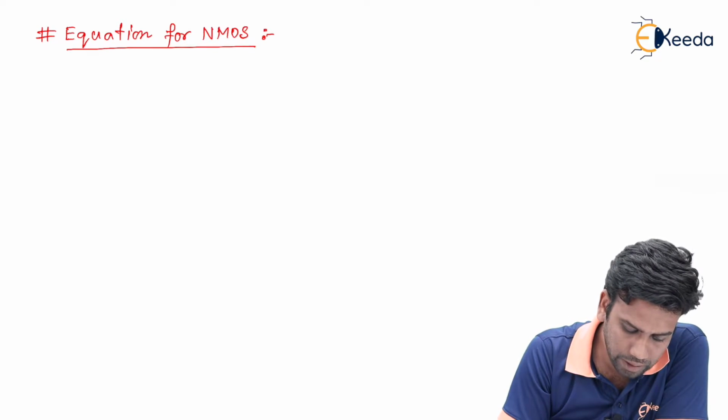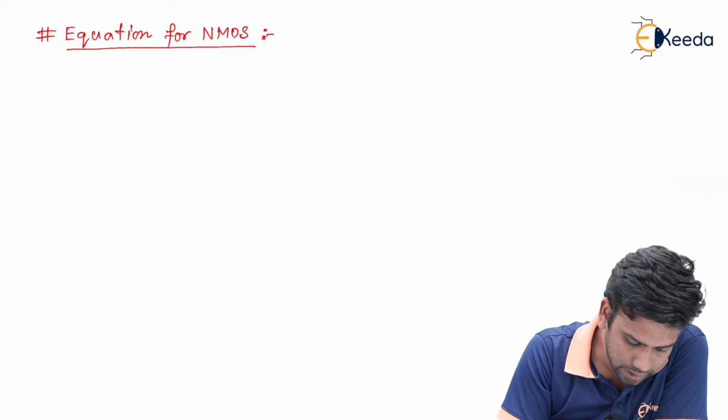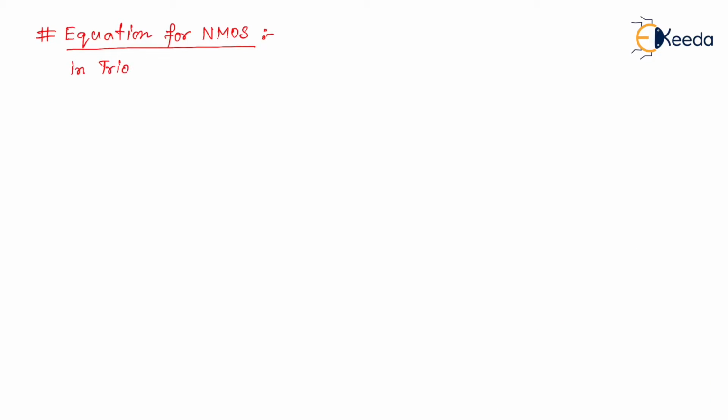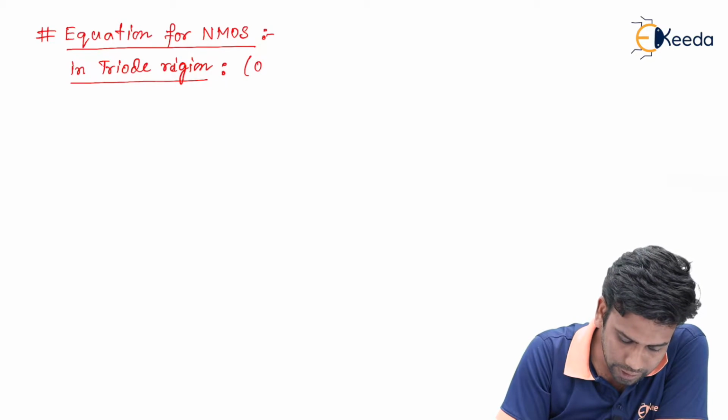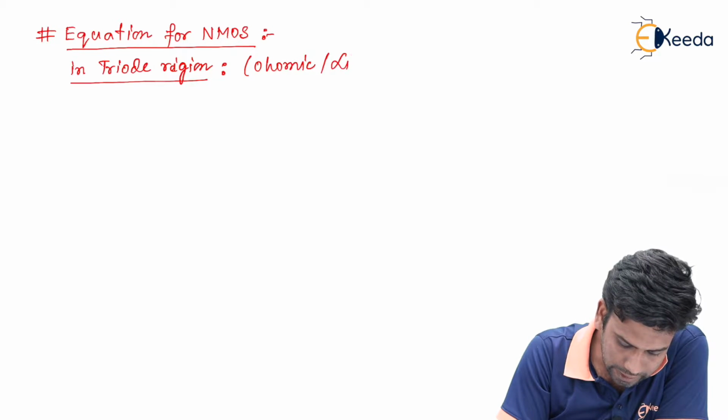So, equation of NMOS in triode region. In triode region, it is also called ohmic region or linear region.